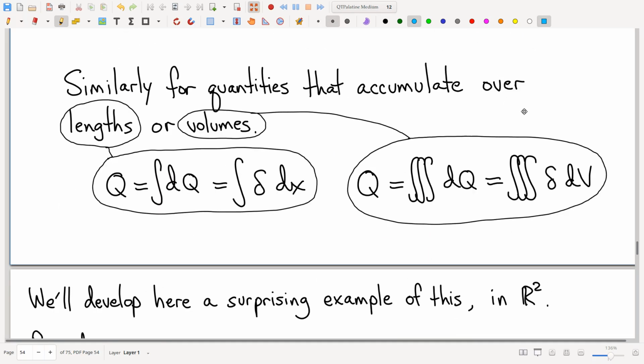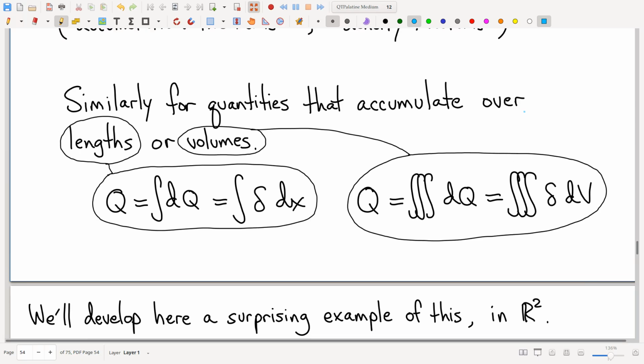Oh, and then I've drawn the pictures and made the arguments here concerning areas, but you can also talk about stuff accumulating over volumes. Density then being quantity per unit volume. And you can also talk about stuff accumulating over lengths. So same basic idea, just sort of dimensionally different.